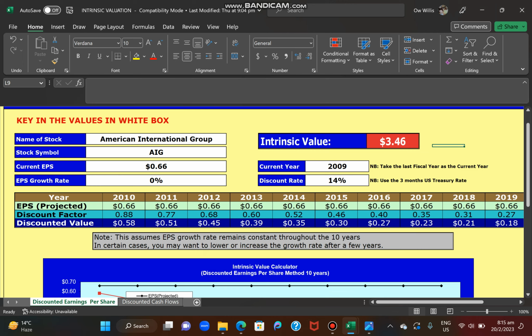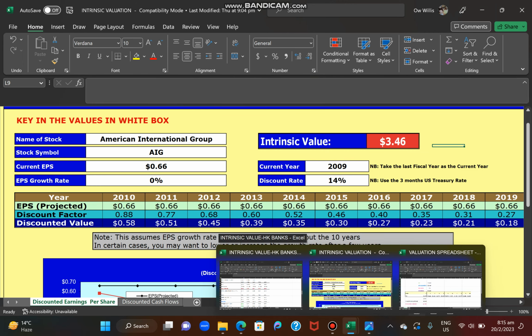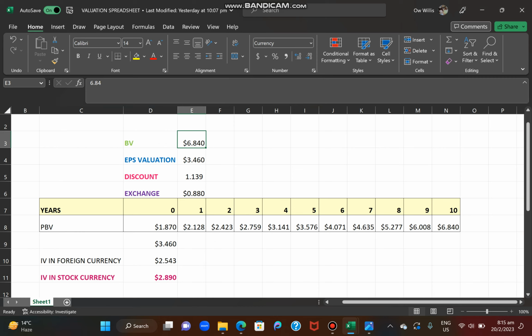Once we get this number, we go into our next calculation, and we key in this 3.46 as the present value discounting for its earning per share. We also key in our book value per share of 6.84. We input our discounting factor, which we used just now, at 13.85.